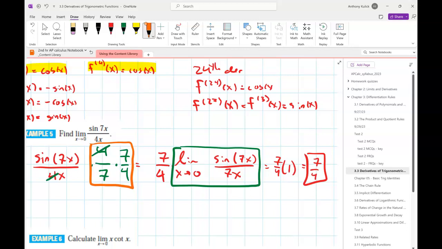But I can't just multiply by that, because now I'm changing the value of this fraction. I also have to multiply by its reciprocal, so I'm doing nothing at all. So the first fraction cancels out what I need to. The second fraction is basically canceling the first fraction, right? So it's doing nothing. It just makes it look the way I want it to look.